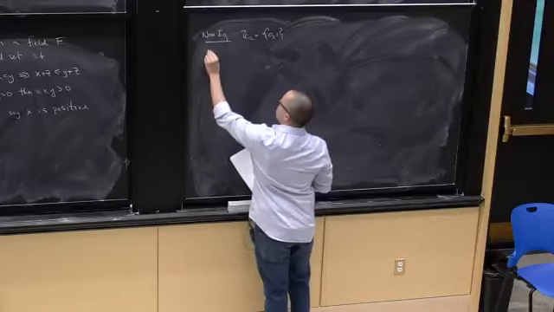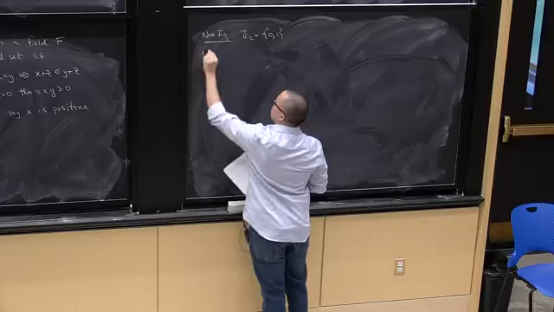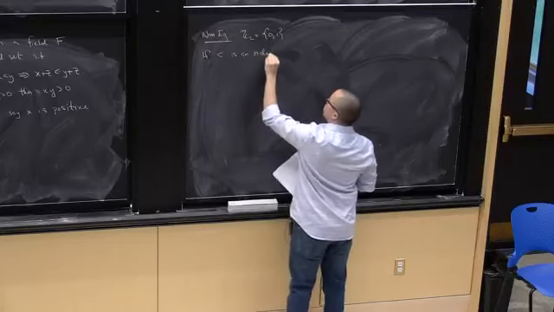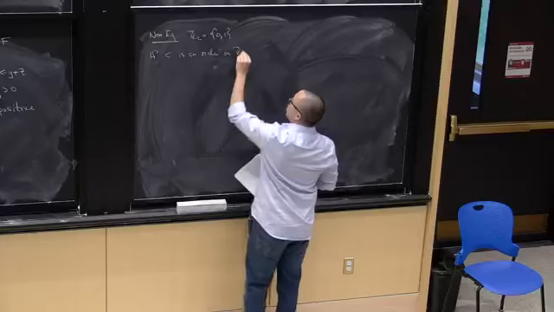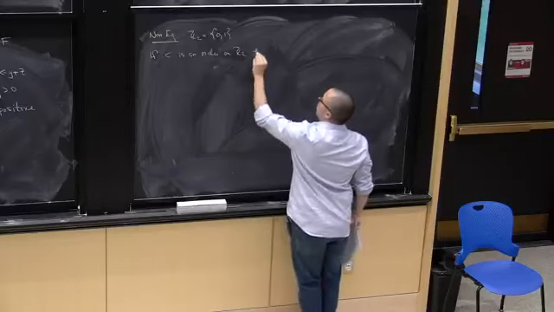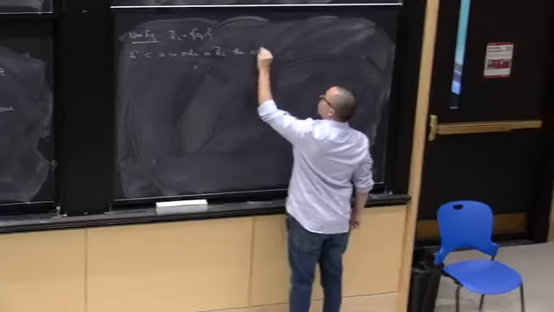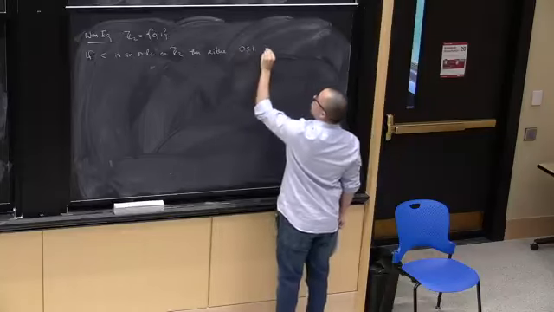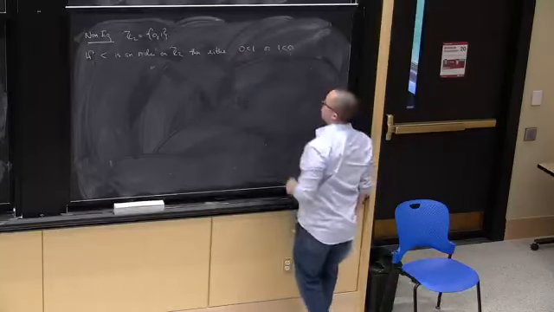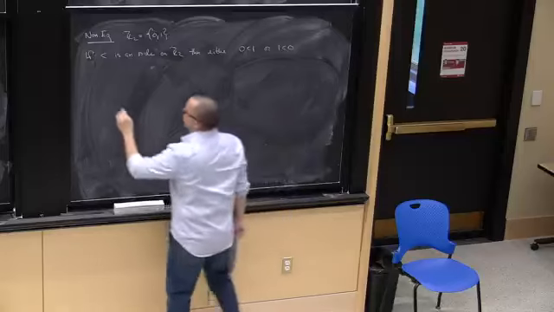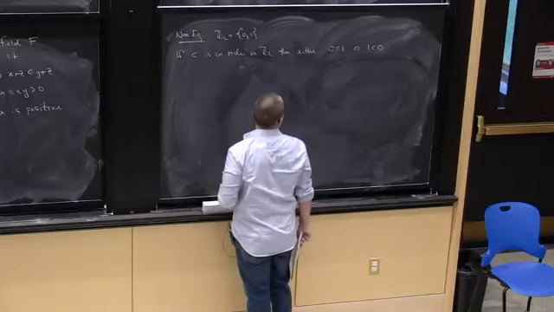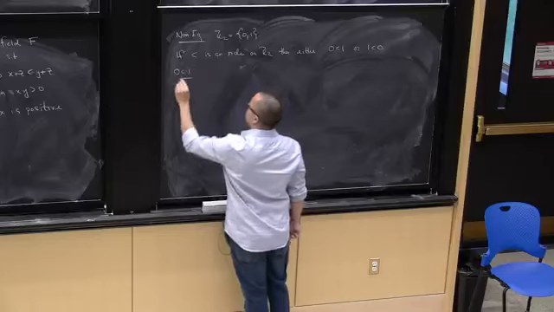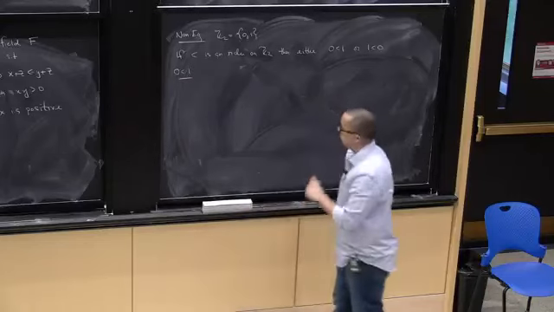So then either 0 is less than 1 or 1 is less than 0. So let's do the first case. 0 is less than 1.